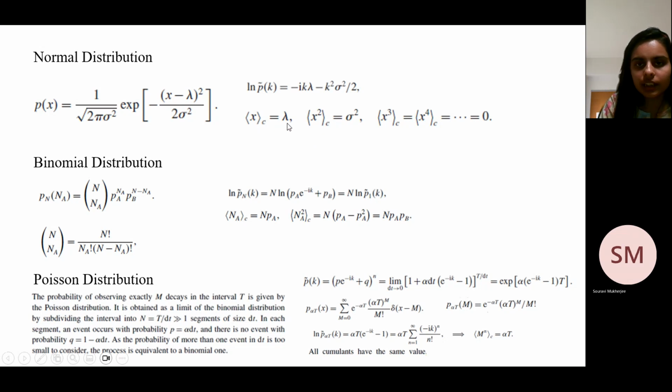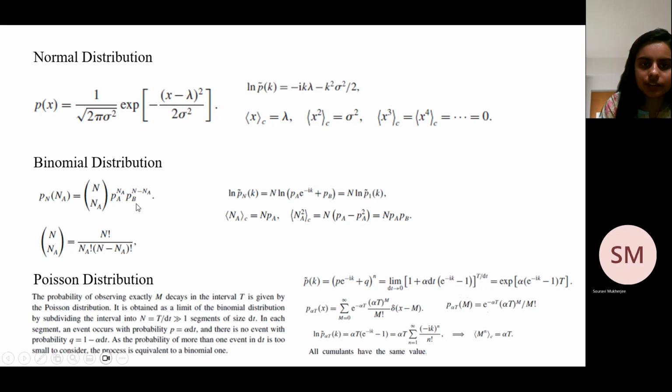Sigma here stands for the standard deviation, so sigma square is the variance, and the mean is given by lambda. The mean is the mean of the distribution, while sigma square gives you the spread of the distribution.